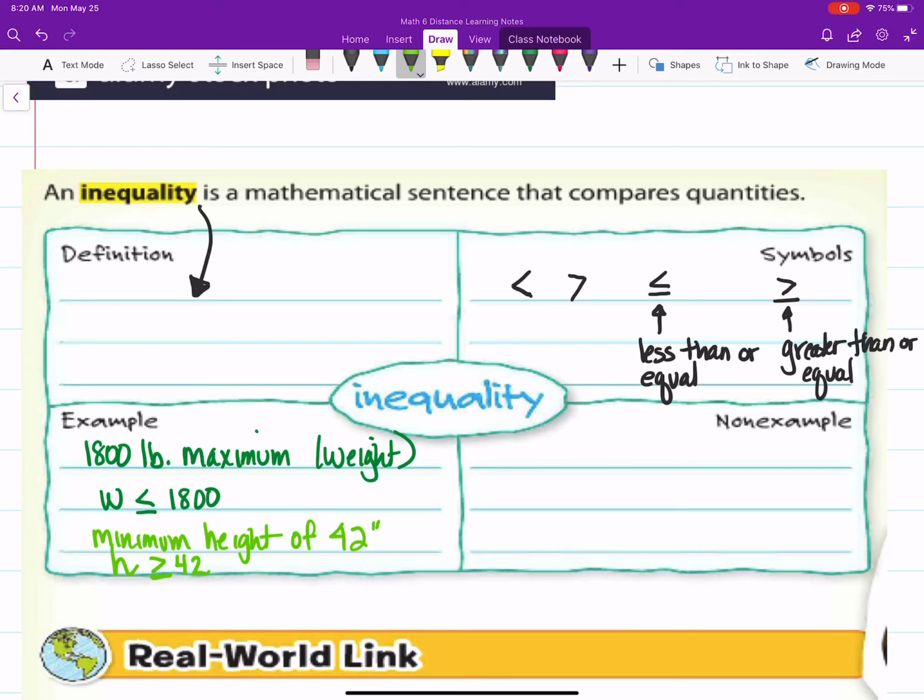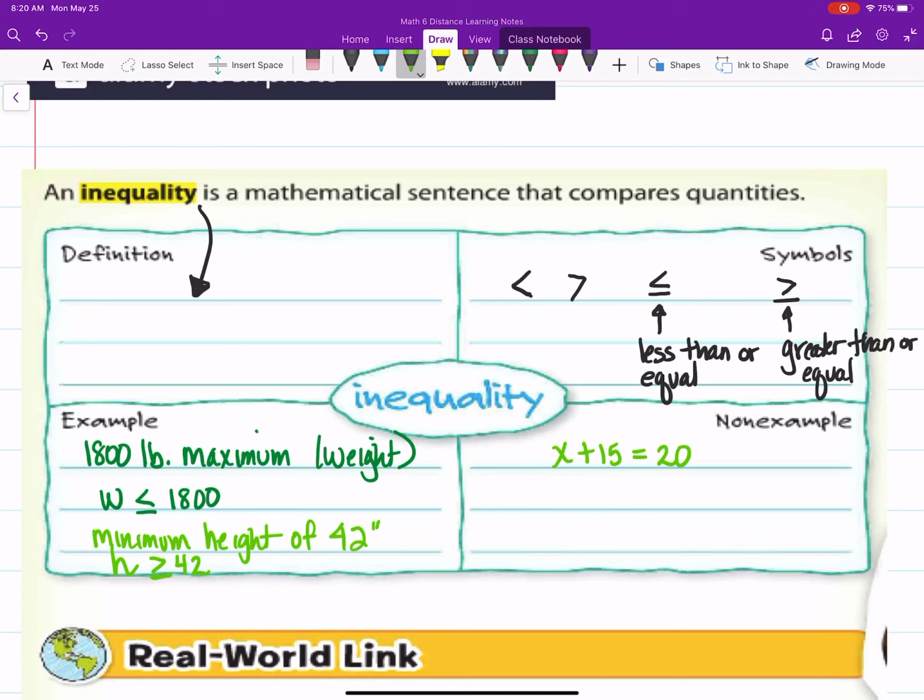Okay. A non-example is, for instance, an equation. I was trying to think of one that makes sense, but for instance, x plus 15 equals 20. Well, that means that the value for x, when added to 15, must equal one solution, or one number 20.